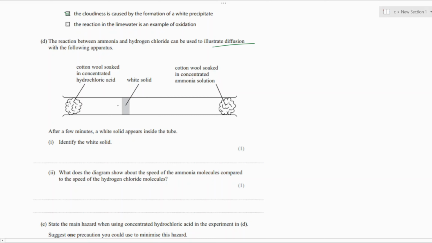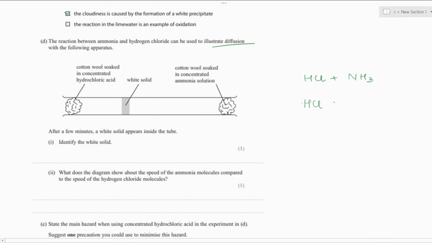Okay, the white precipitate forms near this hydrochloric acid. That's a different story. Why does it happen? Okay, identify the white solid. If it's HCl and ammonia, what would it form? Okay, ammonia and hydrochloric acid. Let's do it quickly.